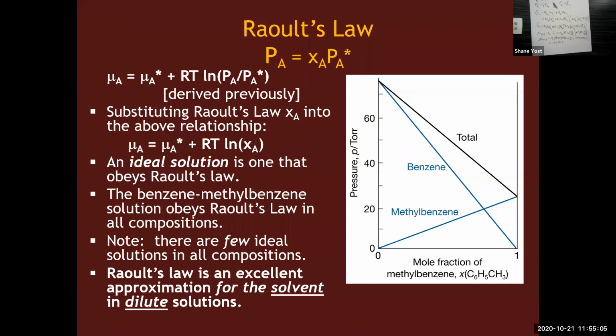But basically, an ideal solution assumes that the intermolecular forces that exist between molecules A and A, B and B, and A and B are the same. All intermolecular forces are the same, so the interactions between A and B, A and A, and B and B are all the exact same. That is an ideal solution.